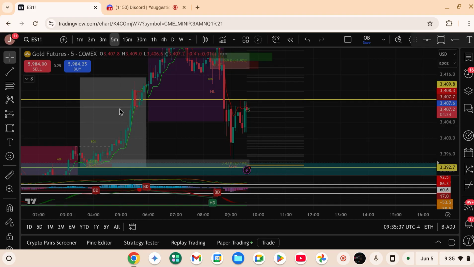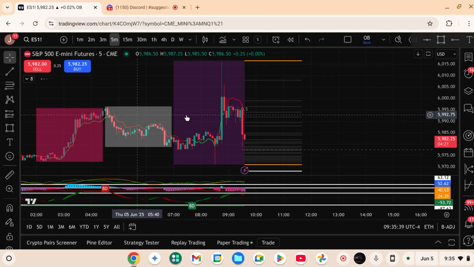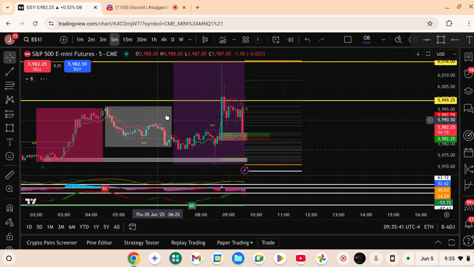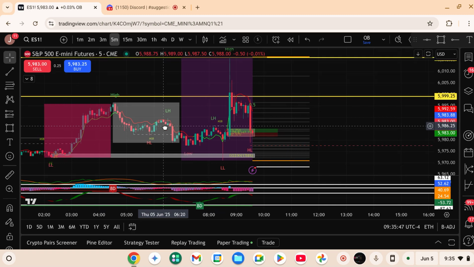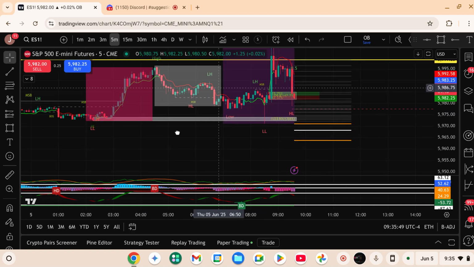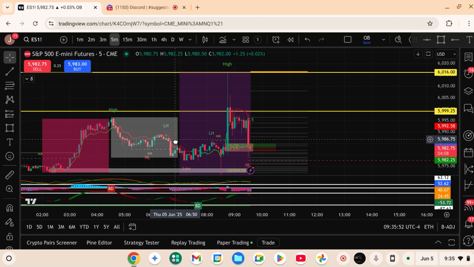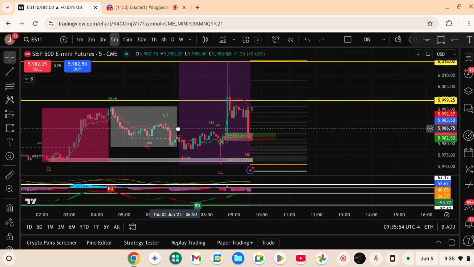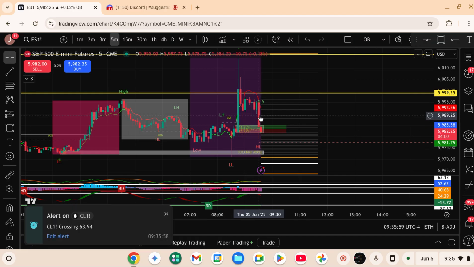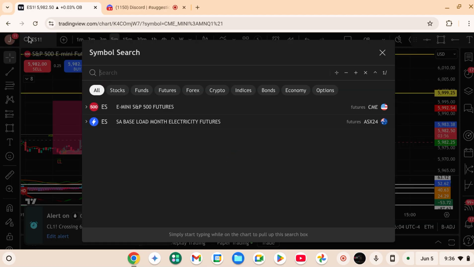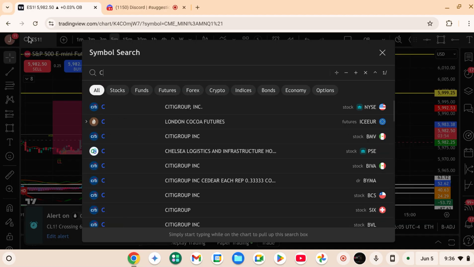Yeah, I'm not really liking any of the price action today on anything. This order block is probably gonna get blown through. Yeah, the body already. Let's see what crude oil is doing.